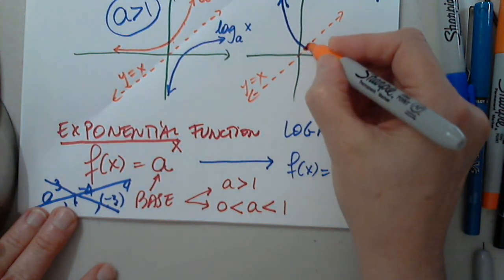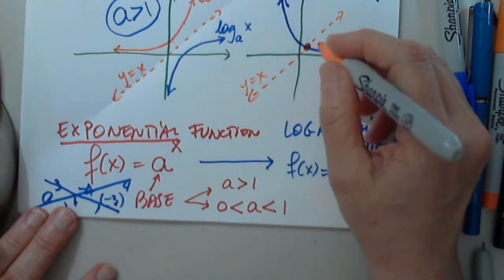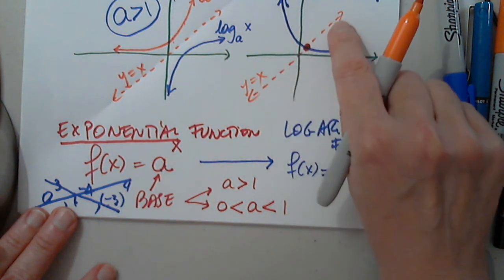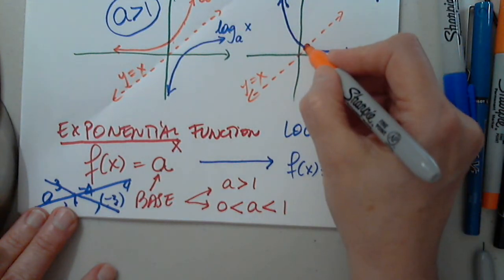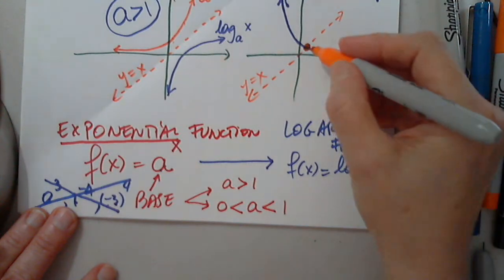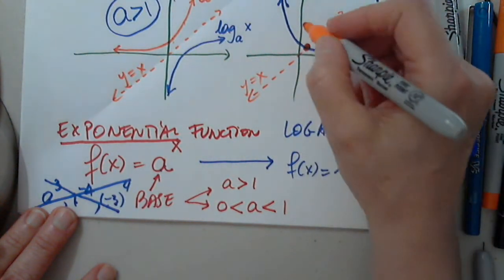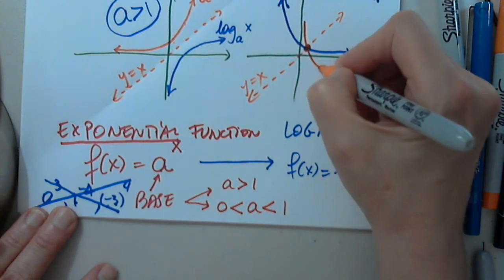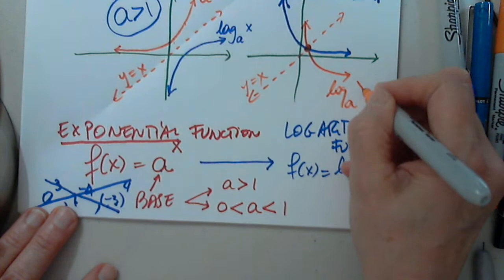If this one crosses at this point, so does its inverse, because all these points are the same: 1, 1, 2, 2, 3, 3, 4, 4, 5, 5, 6, 6. So if this point is a comma b, which actually has to be a comma a, when you reverse a comma a, it's still a comma a. So now this is the function, and this is log base a of x.